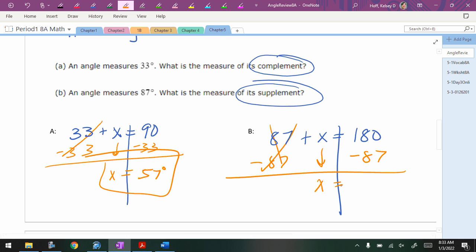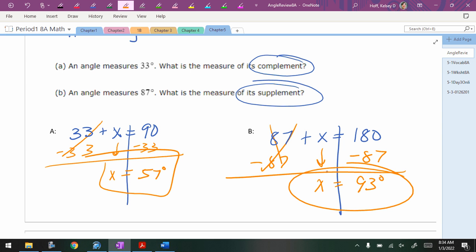Say it again. 93. We're going to deal with 180 and 90 today. The hardest thing is you have to pay attention to the words. Complementary are 90, supplementary are 180.